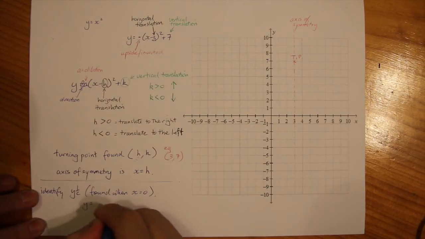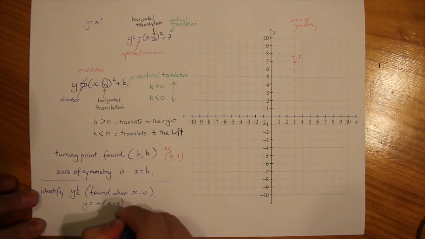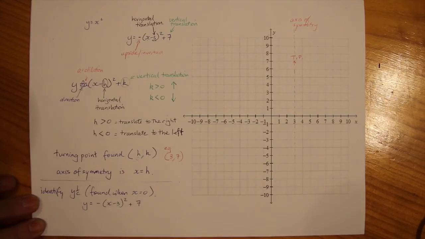So we have y equals minus x minus 3 squared plus 7. If x is 0, then we have 0 minus 3, squared. Minus 3 squared is going to be 9.